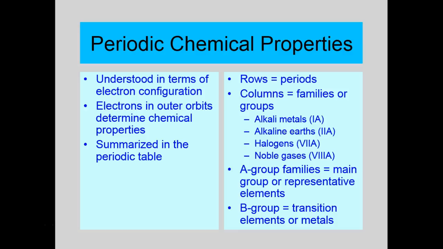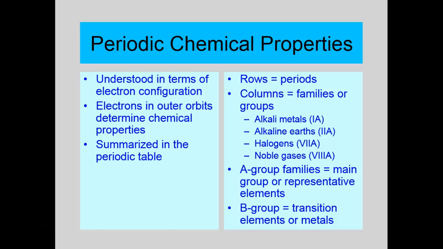Group 9B, then 1B and 2B. Those are generally your transition elements, also called the metals. Now, what's special about those? You're now filling the D shell.